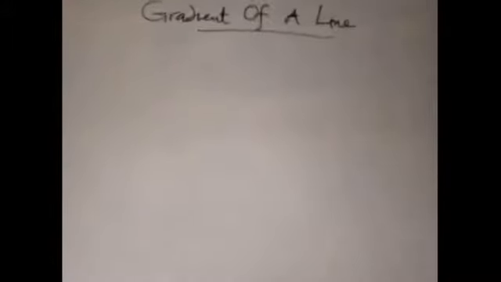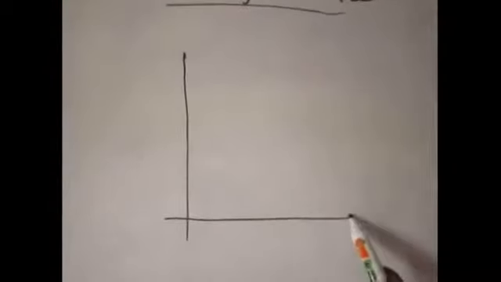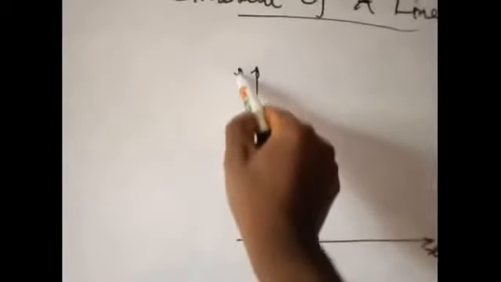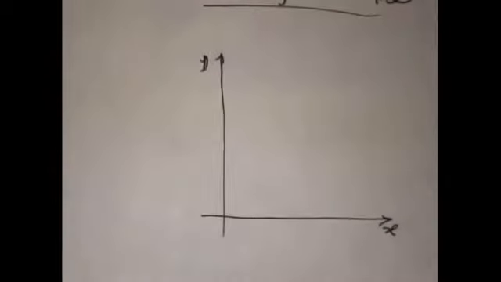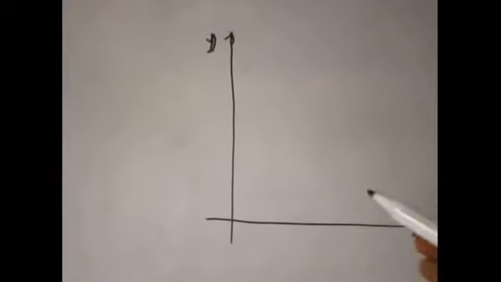If you have, this is the y-axis, this is the x-axis. So we have x, we have y here. In our previous video, we have seen how we can locate points, so we don't need to explain any further.